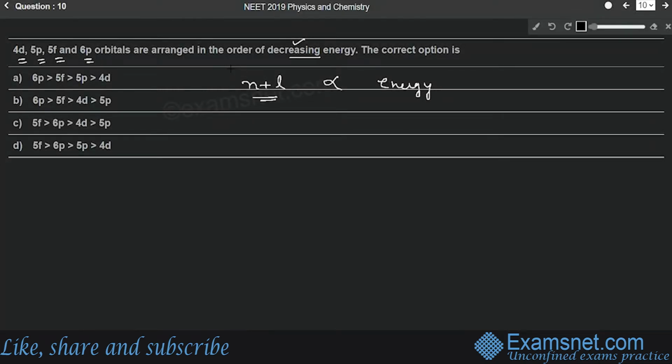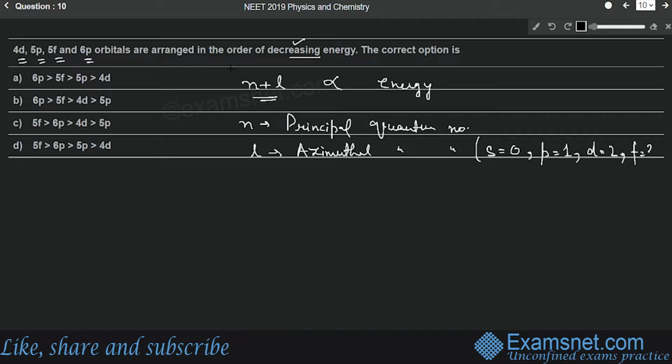Now what is n here? n is the principal quantum number, whereas l is the azimuthal quantum number. Now we know that for s orbital the value is 0, for p orbital the value is 1, for d orbital the value is 2, and for f orbital the value is 3.